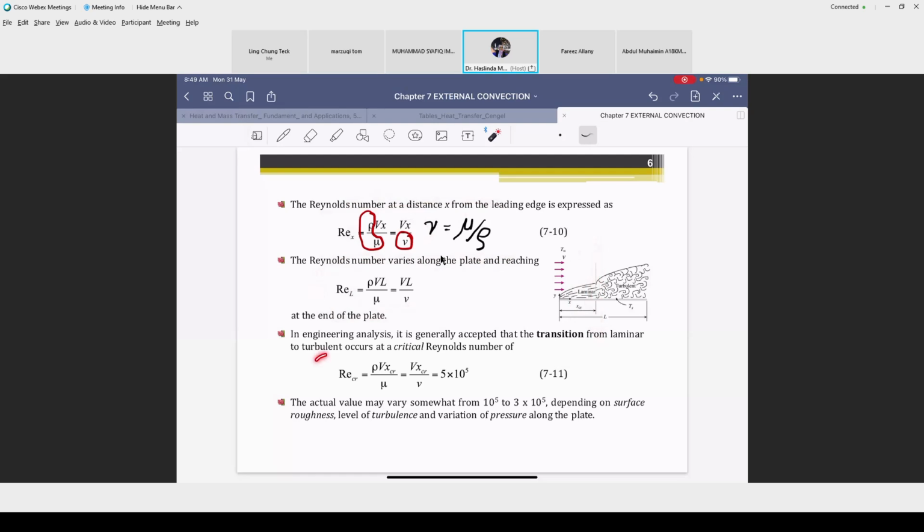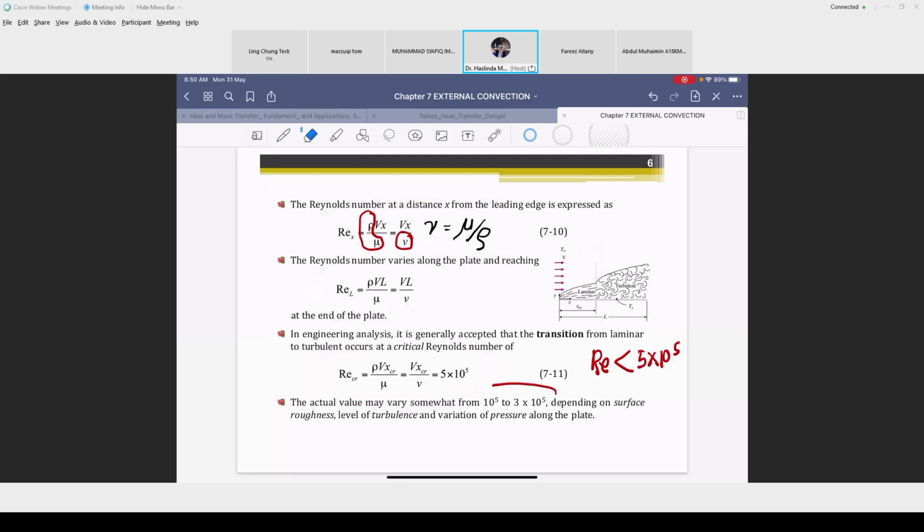So this is the condition for laminar. Okay, the R must be lower than, okay, so that is laminar. So if turbulent, it is the value dependent on surface roughness, okay.